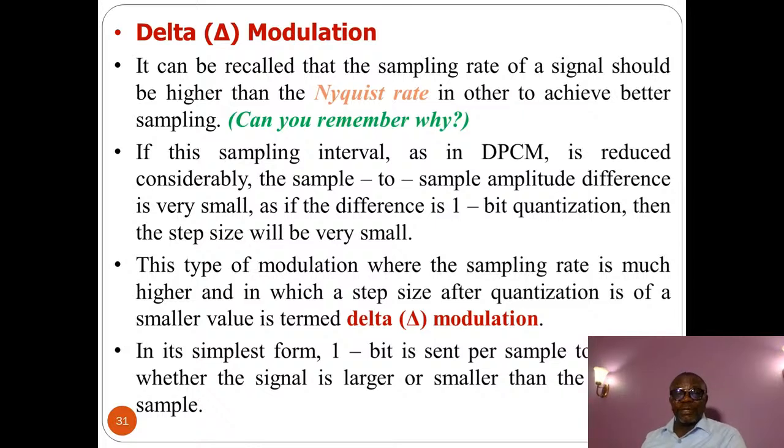This type of modulation, where the sampling rate is much higher and in which the step size after quantization is of a smaller value, is termed delta modulation. In its simplest form, 1 bit is sent per sample to indicate whether the signal is larger or smaller than the previous one.